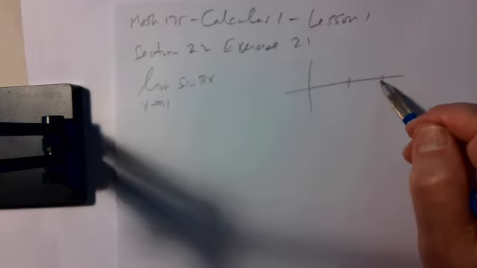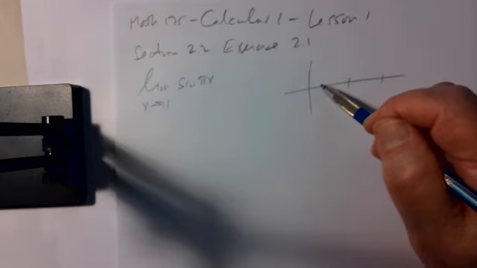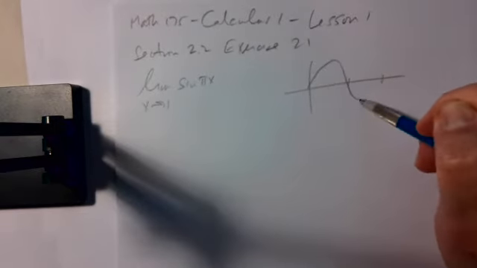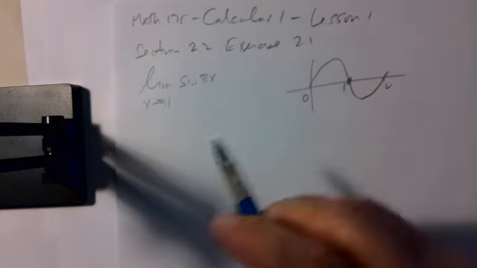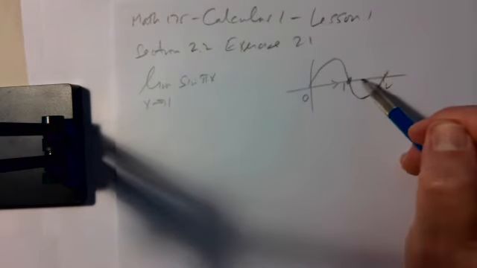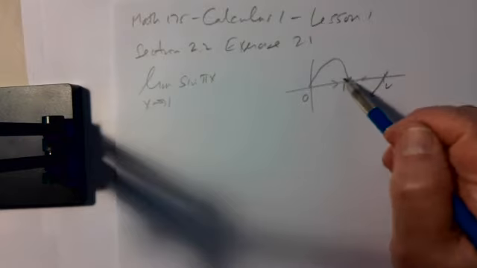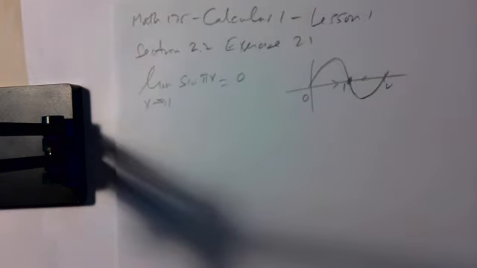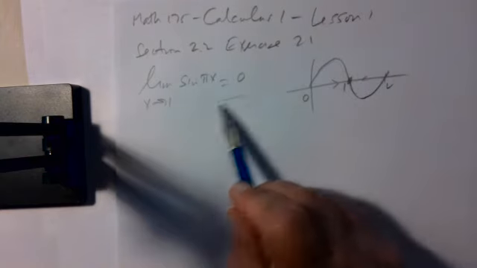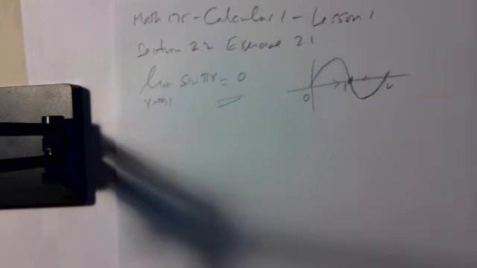If you look at the graph, the sine wave looks like that. And as x approaches 1 from either side, the function is approaching 0. So all you have to write down is 0.